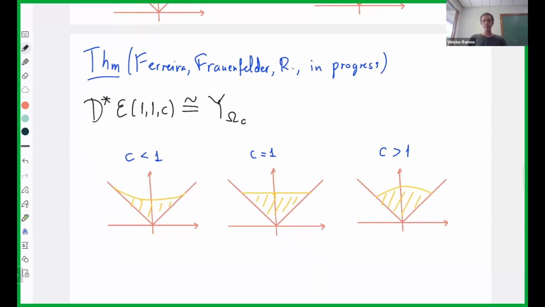Now the picture becomes a lot prettier: in the case C equals 1, we get the flat thing, which is just the disk bundle of the sphere. If C is less than 1, we get a concave RP3 toric domain, and if C is bigger than 1, we get a convex RP3 toric domain.